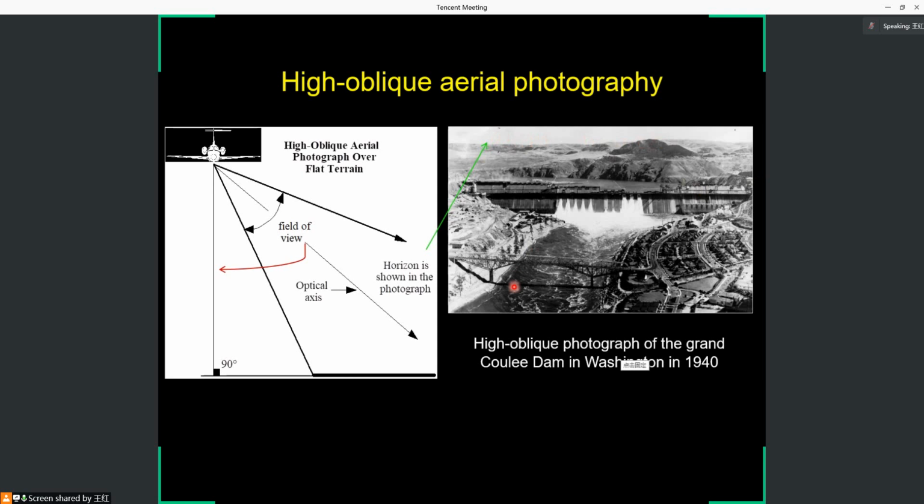This is a high oblique photograph of the ground in Washington. You can see sunset or sunrise, and also the shadow. The bridge shadow, and the water, and the mountain.